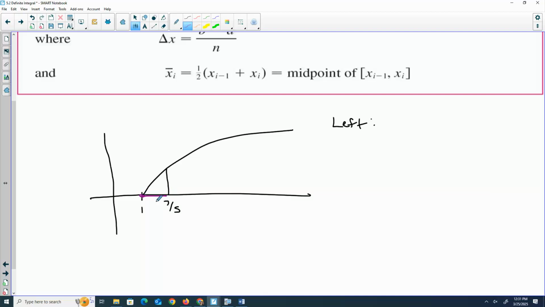If I were doing a right-hand sum, your rectangle will be based off the rightmost number, which is 7/5. In this case it would be an over approximation because I'd be starting at 7/5.